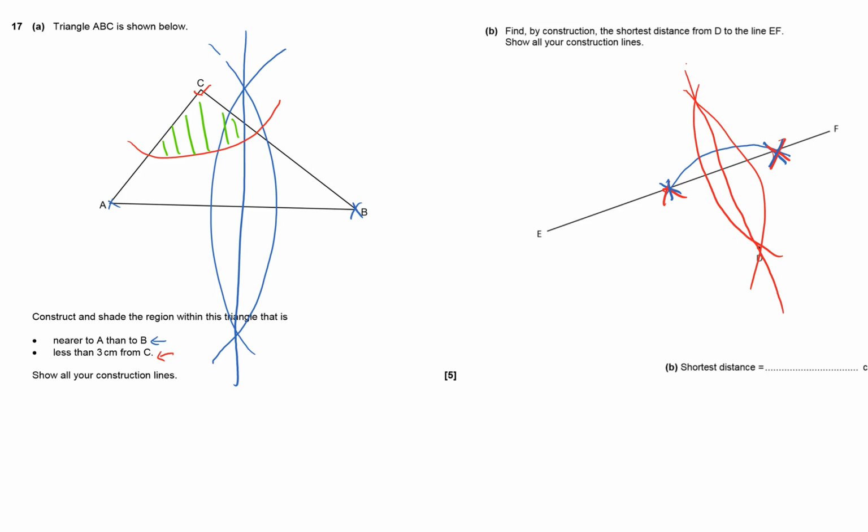The distance we want, I'll do it in green, is this distance here. So measure the distance from D along that perpendicular line and write it down, and that's the shortest distance. Quite tricky and not helped by a pretty poor diagram, but hey, that's 17 done.